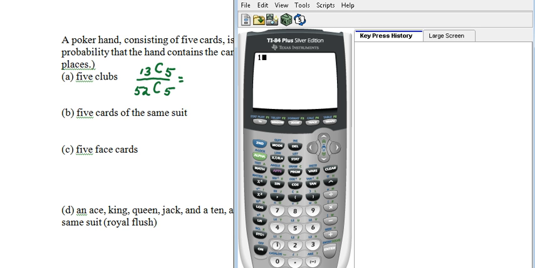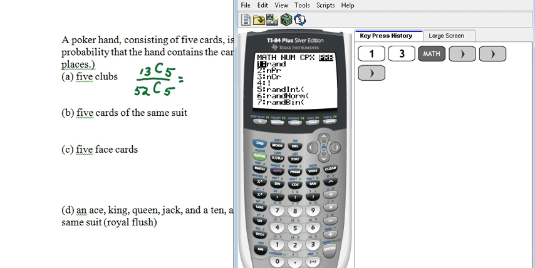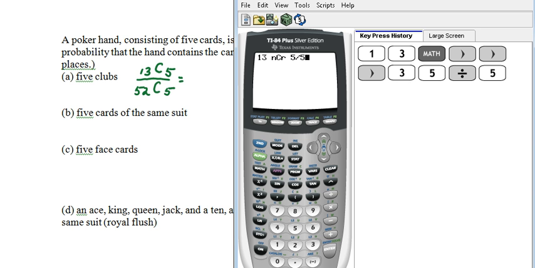So I'll type 13, math, move over to the probability, 3 for NCR, and then 5, divide by 52, math.